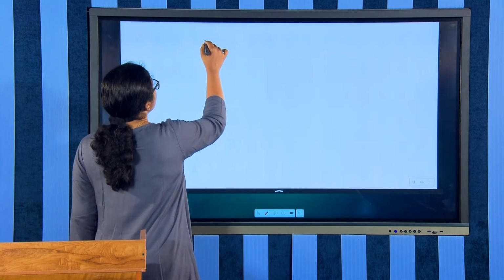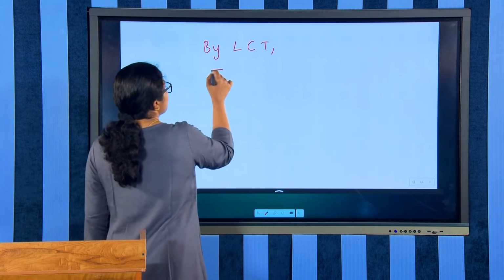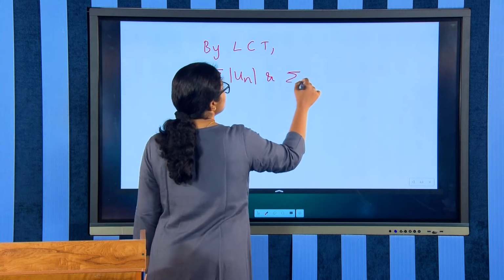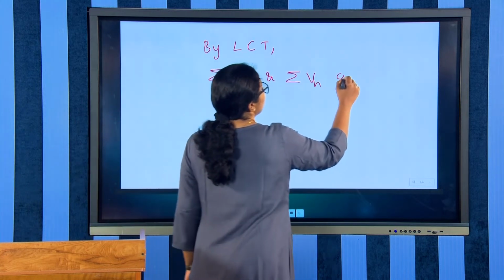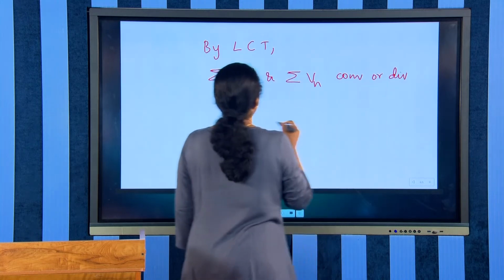So, by limit comparison test, summation modulus of Un and summation Vn converge or diverge together.